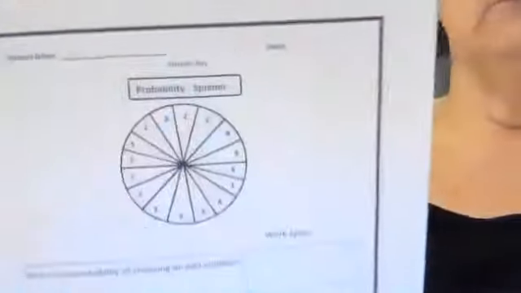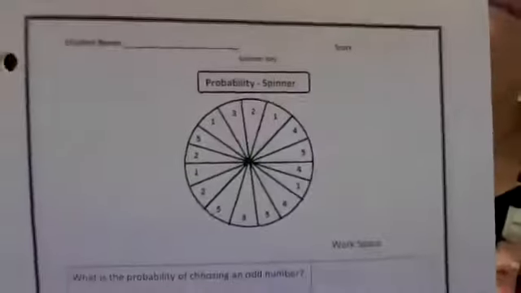Okay, we're in packet number 1. We're not going to go to packet number 2 until tomorrow. We're in this probability packet, and I would like to go to page 4. Now, this doesn't ask for the outcomes, but there is one on page 6 that does.